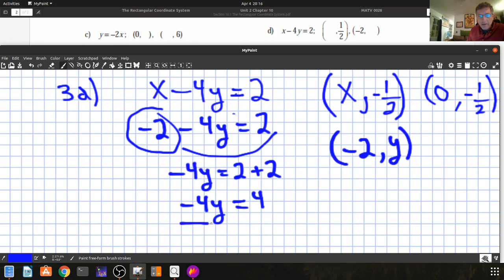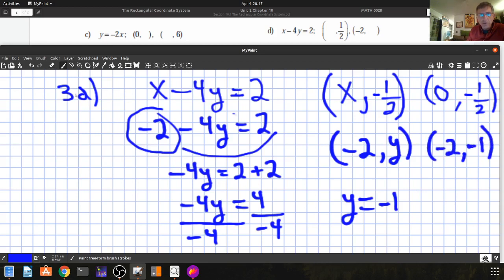And now I'm going to divide both sides by -4. So -4 divided by -4 is 1. So that gives me y is equal to 4 divided by -4, which is -1. So we just discovered that the ordered pair 2 and -1 is an ordered pair solution to equation 3D.